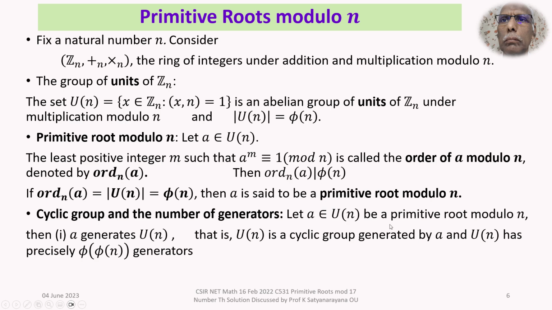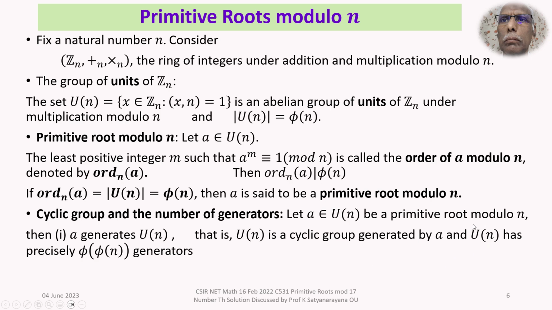That means every primitive root modulo n will generate U(n), and it will be a cyclic group generated by a. And now, when it is a cyclic group, how many generators are there for U(n)? So, U(n) has precisely phi of the order of U(n), that means phi of phi of n generators.